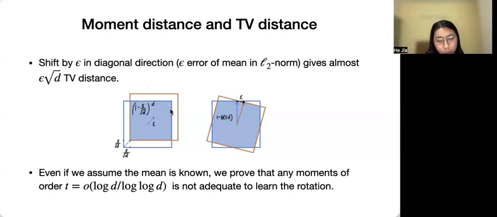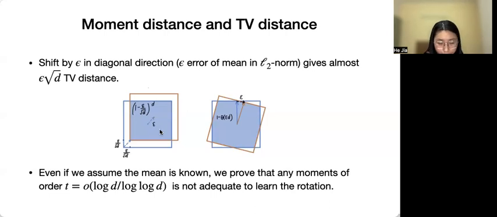And we can see the distance between the moments of these two cubes. The first moment, or the mean, because of the shift by epsilon, has a distance of epsilon. And for all higher order moments, they are the same because we don't change the shape of the cube. The only difference in the moments is the first moment, and it is only a distance of epsilon.